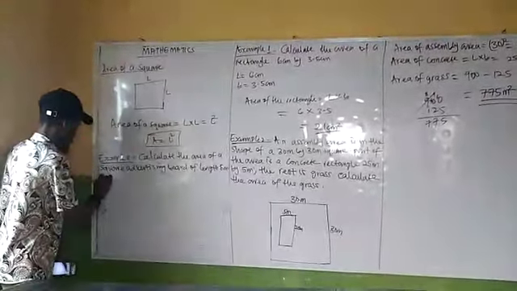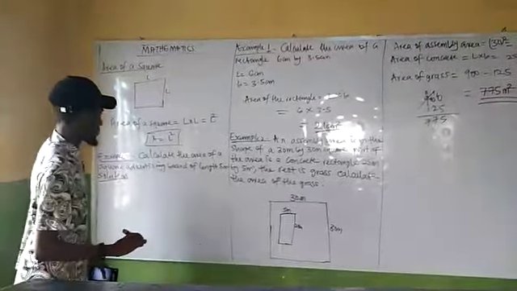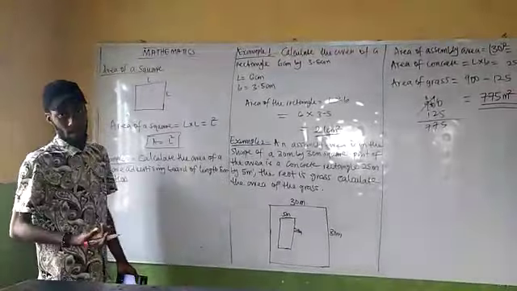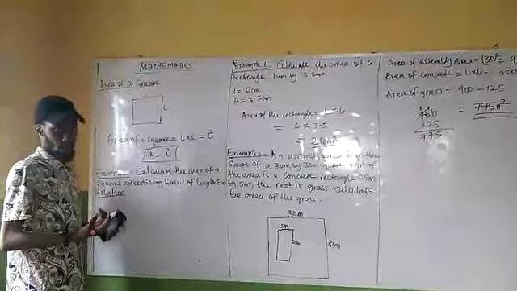Solution. Now, that advertising board is actually a square. It's made up of a square. The shape it carries is a square.